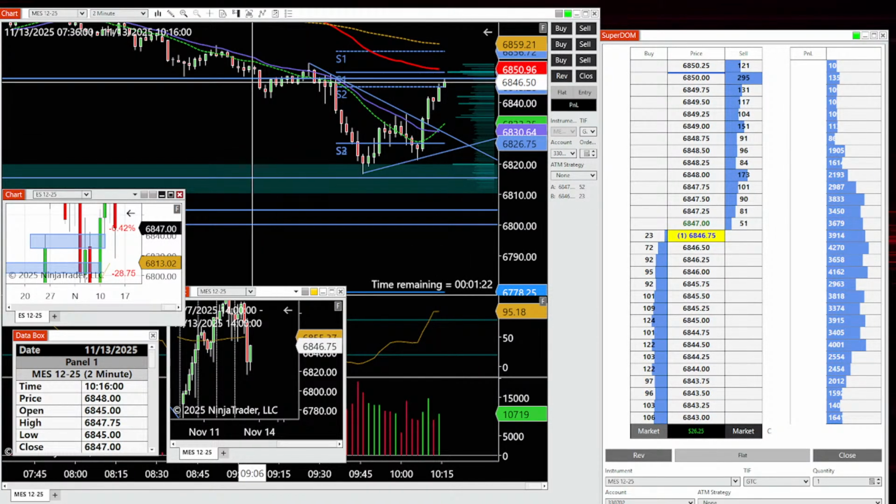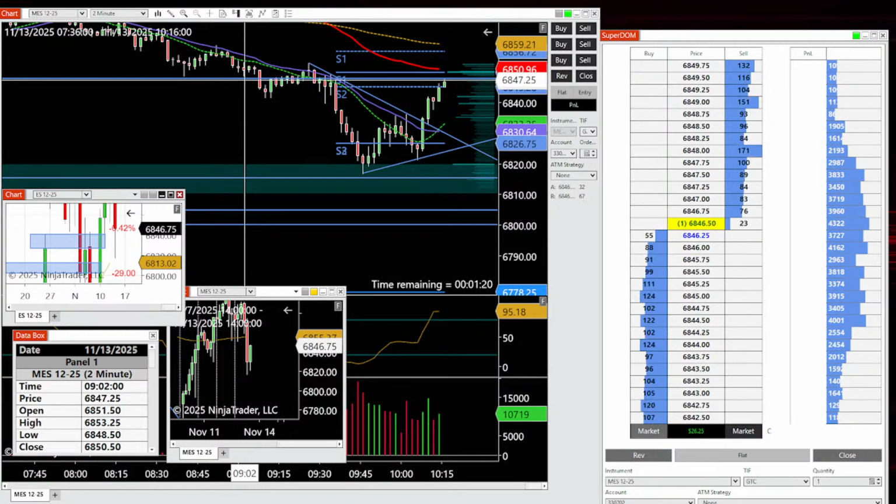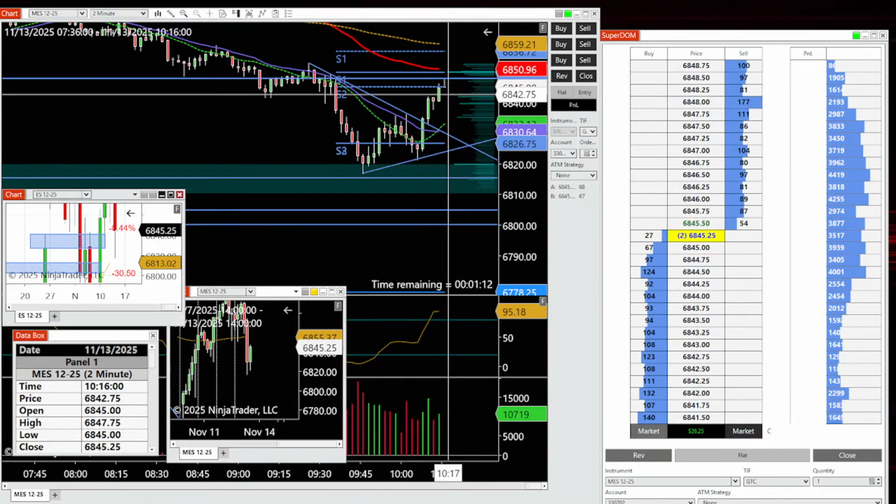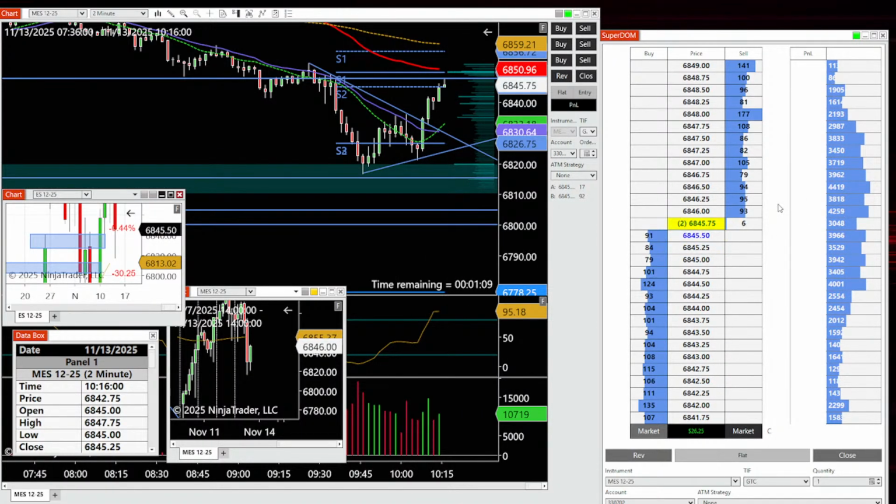Back at this right here, we got the low. Break is 48. The 45 could be a short. Okay, we're back up here to the open, 47.25.